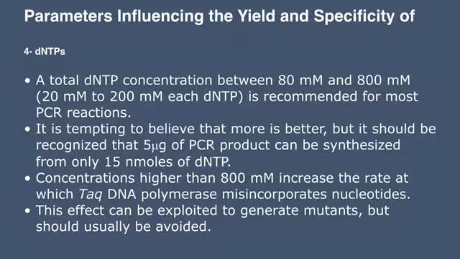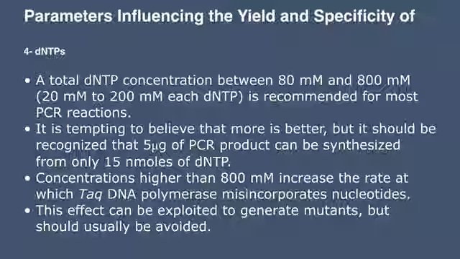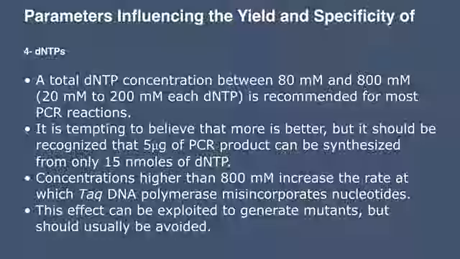It is tempting to believe that more is better, but it should be recognized that 5 microgram of PCR product can be synthesized from only 15 nanomoles of dNTP. Concentrations higher than 800 micromolar increase the rate at which Taq DNA polymerase misincorporates nucleotides. This effect can be exploited to generate mutants, but should usually be avoided.